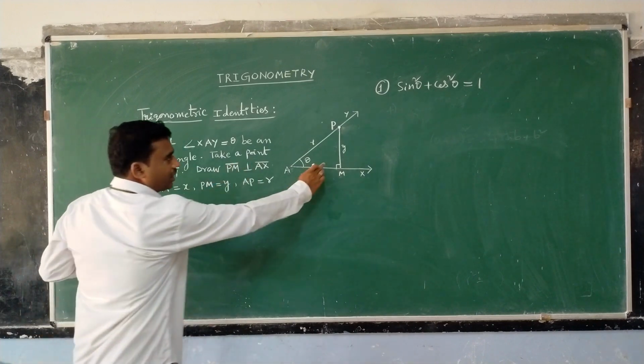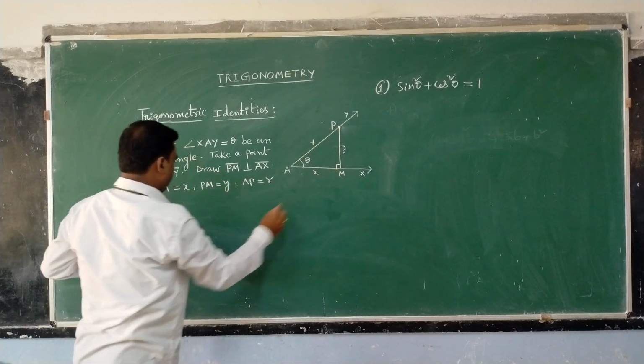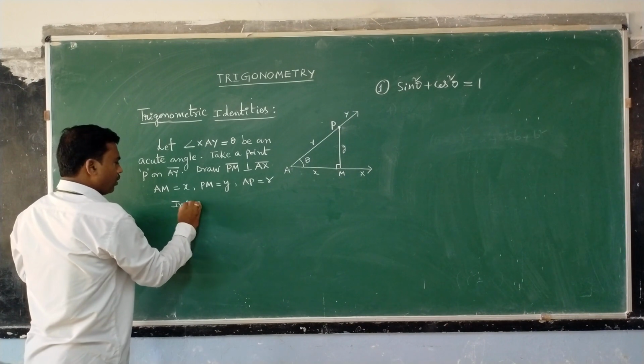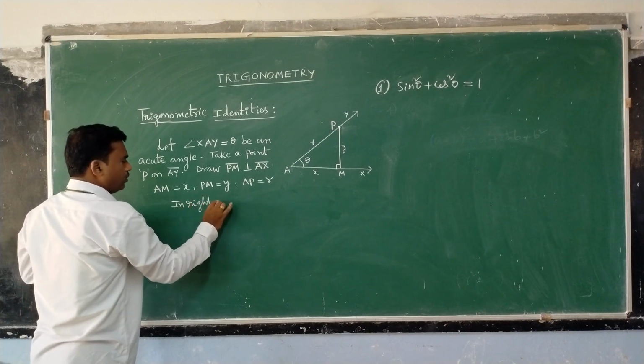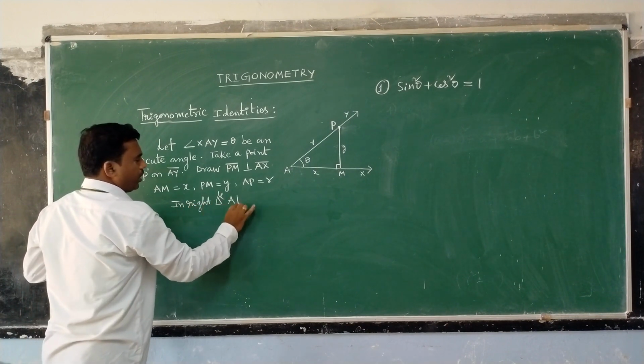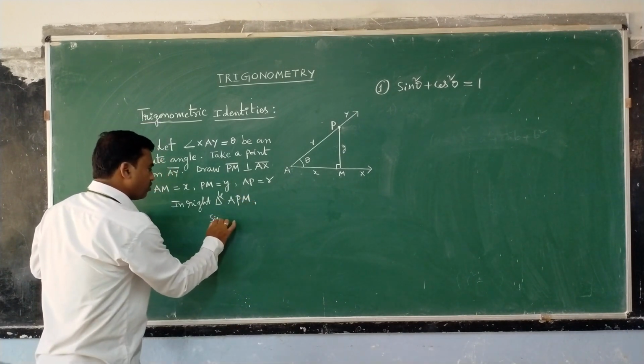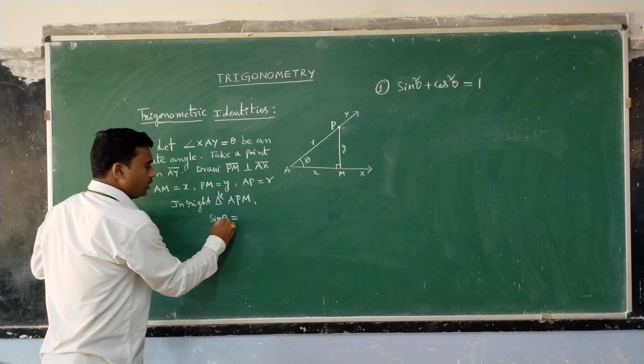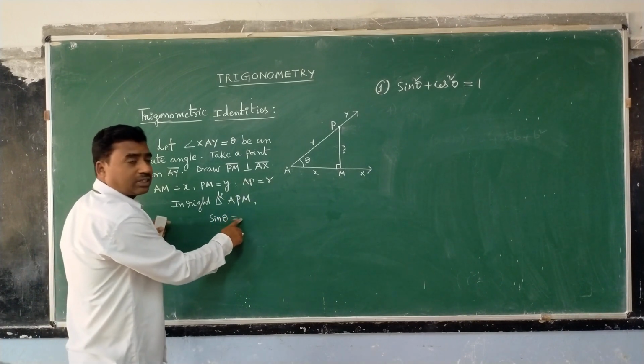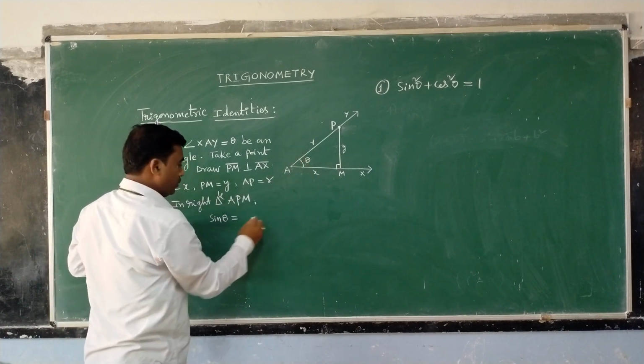So children, in the right triangle APM, we know sin theta is equal to the side opposite to theta by hypotenuse.